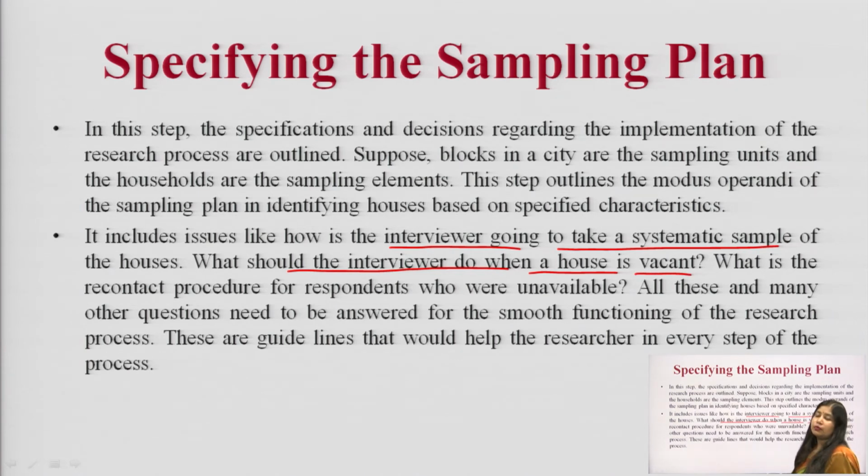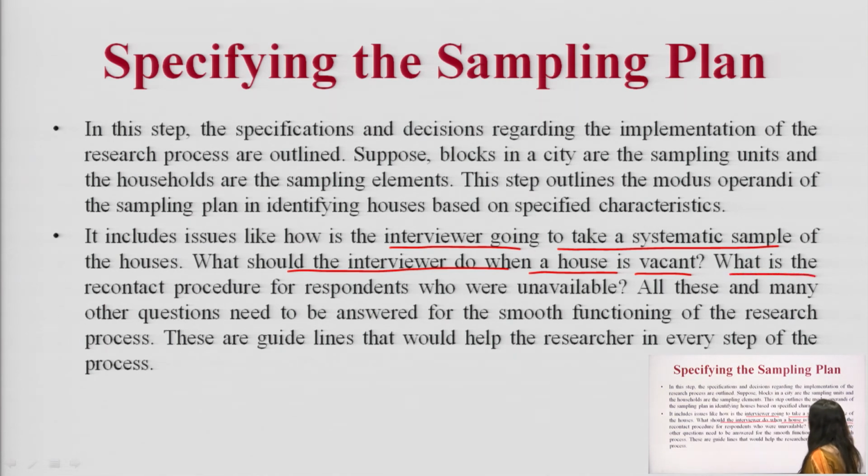If you are collecting data from households, it is important to know when the target audience is available in the house. You cannot go at 2 a.m. in the morning or 2 p.m. in the afternoon, because it is possible that everyone will be at work. So in the sampling plan, we should determine the time when you are going to collect data and how you are going to approach.